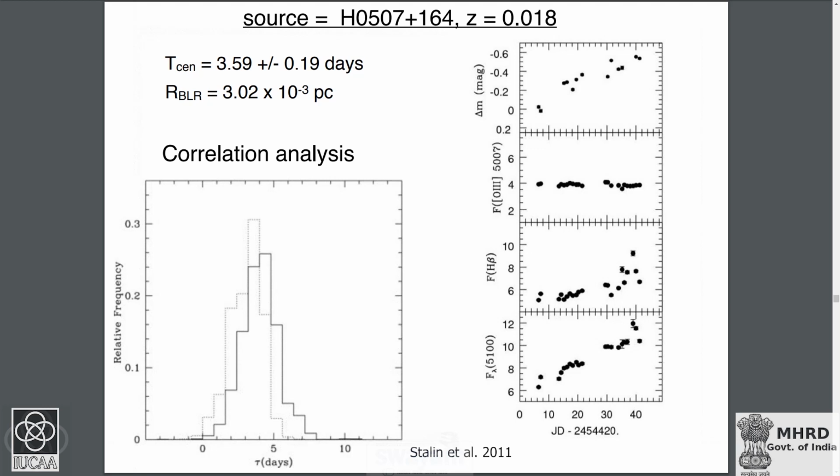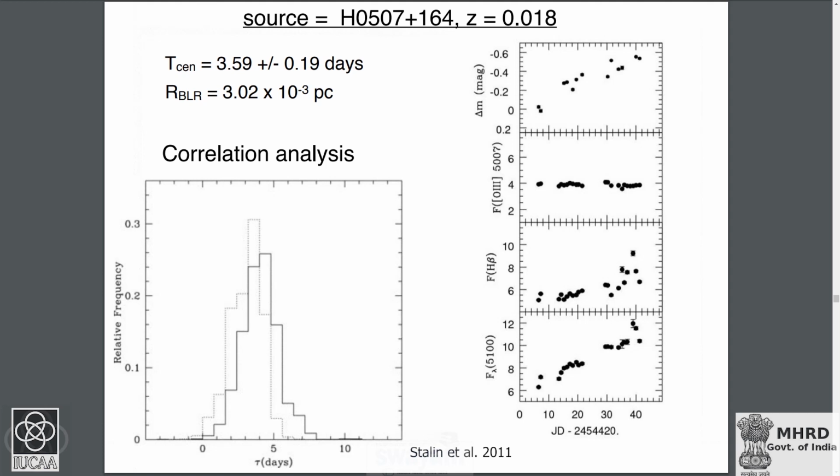If there is perfect correlation, the correlation function peaks at 0. If there is any time delay, the correlation function peaks at a time different from 0. This is exactly shown on the left panel. We find that the correlation function peaks at a lag of around 3.59 days. That means the delay between the continuum and the line emission is of the order of 4 days.